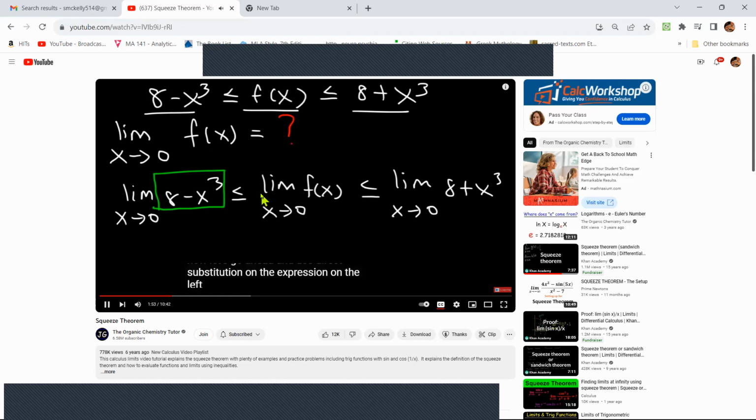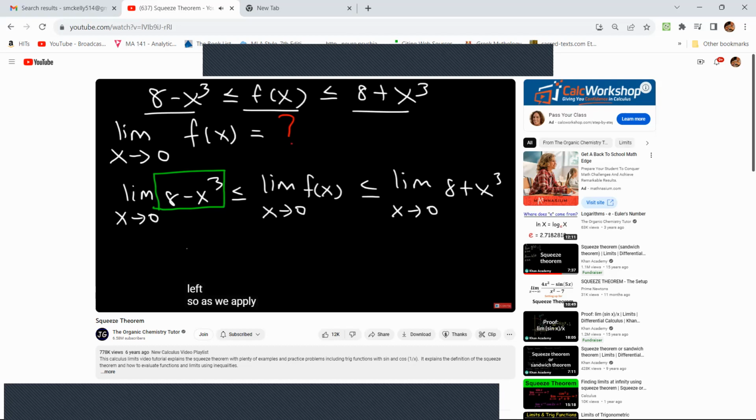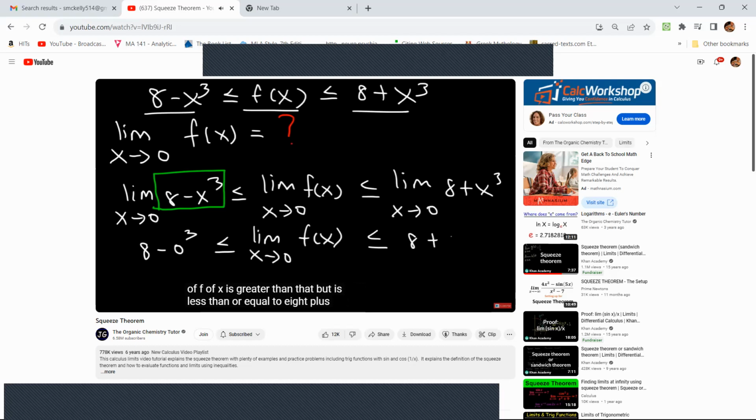Expression on the left. As we apply the limit as x approaches 0, this is going to be 8 minus 0 to the third. And the limit as x approaches 0 of f of x is greater than that, but is less than or equal to 8 plus 0 to the third. So this is 8, and on the right side, we also have 8.